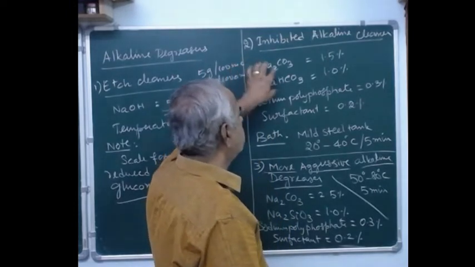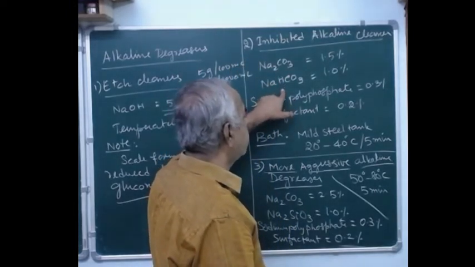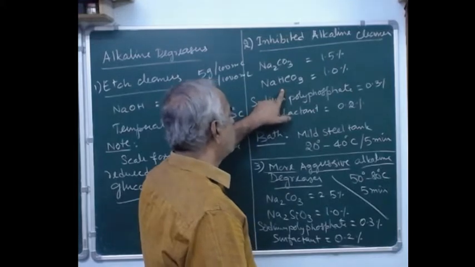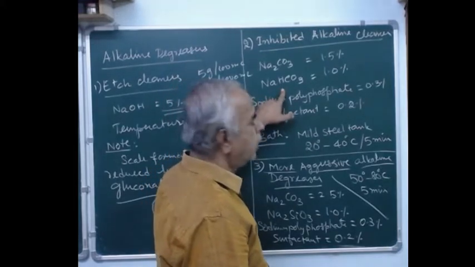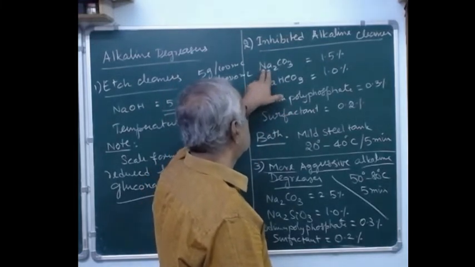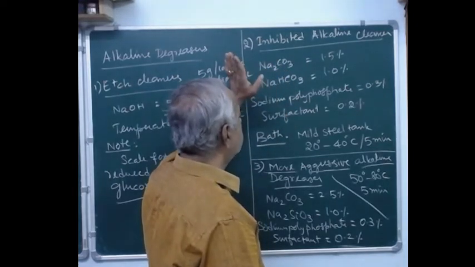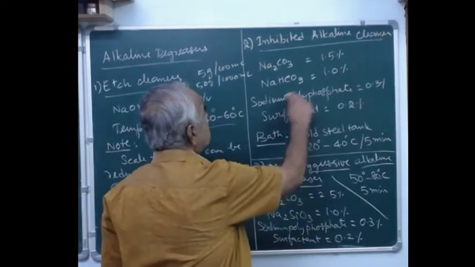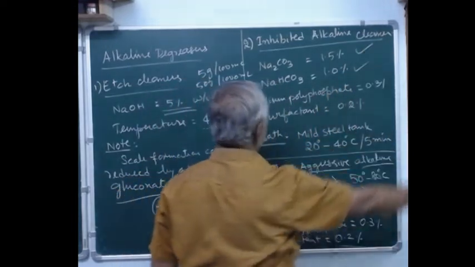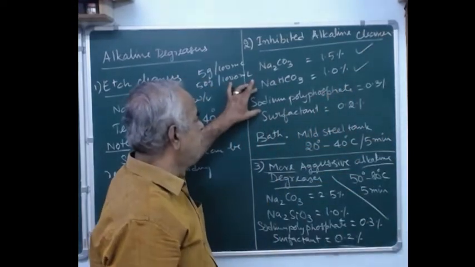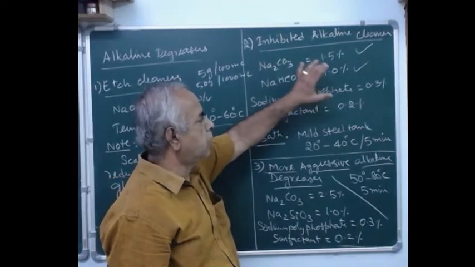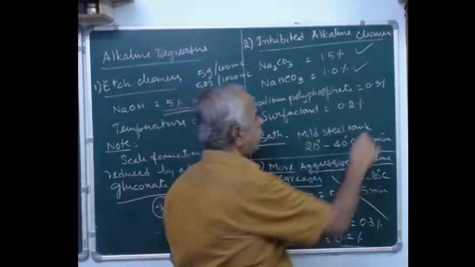And then sodium bicarbonate, also called sodium hydrogen carbonate. Do you understand? So sodium carbonate is Na2CO3, sodium bicarbonate, also called sodium hydrogen carbonate, can be taken at 1%. Then you can consider sodium polyphosphate, that is 0.3%.